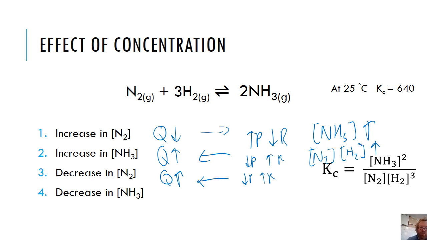If I now remove some ammonia, that would decrease Q. So to undo that, it would have to favour the right reaction, the forward reaction, to produce more products to replace those that have been lost and decrease the reactants.